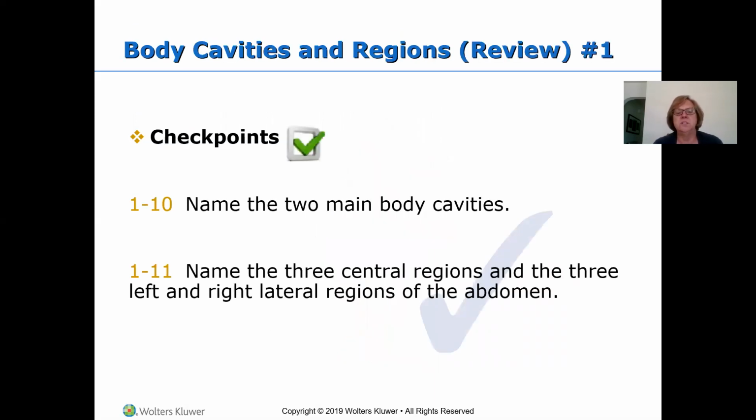So if we are to define the 2 main body cavities, that would be the thoracic and the abdominopelvic, and then the 3 central regions and the 3 left and right lateral regions of the abdomen. That would be going back and looking at the 9 regions. You should be able to do that, okay?